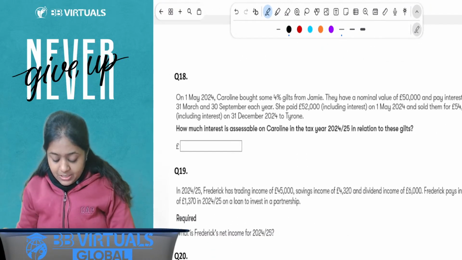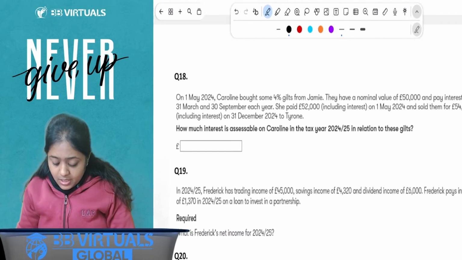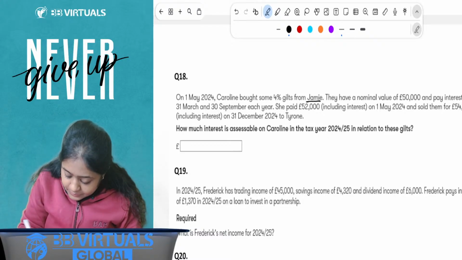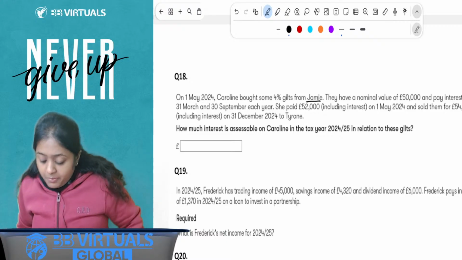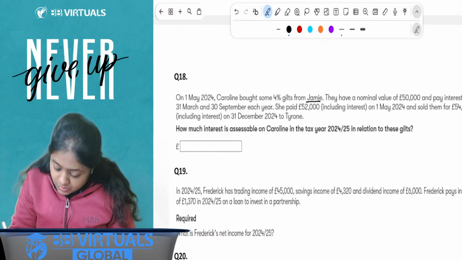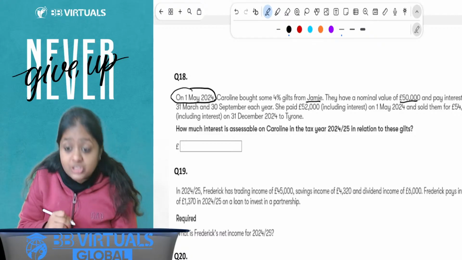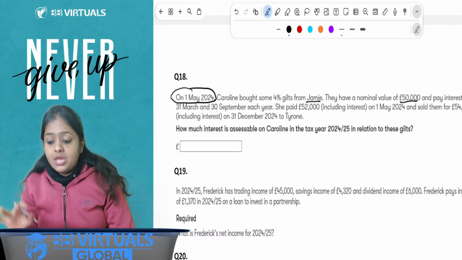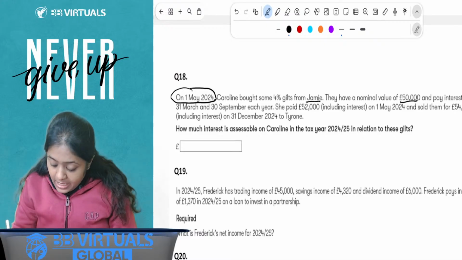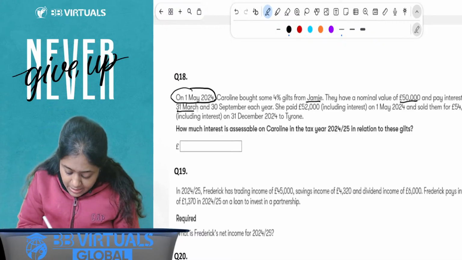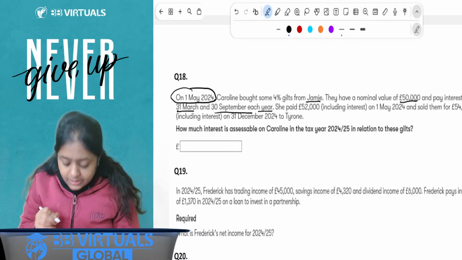On 1st May 2024, Caroline bought some 4% gilts from Jamie. They have a nominal value of 50,000 and it was bought on 1st May. So you don't have to take it from 1st January. The date is very important. The buying date is 1st May and it pays interest on 31st March and 30th September each year.